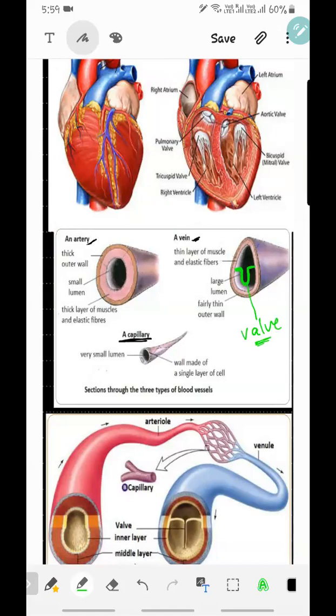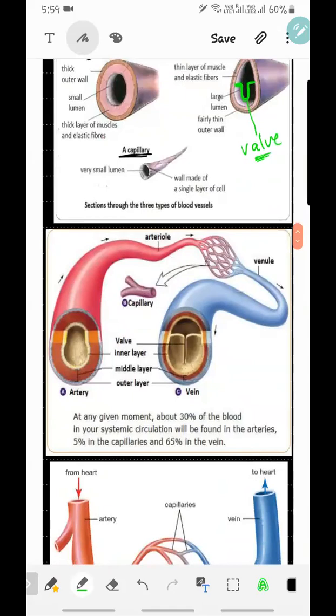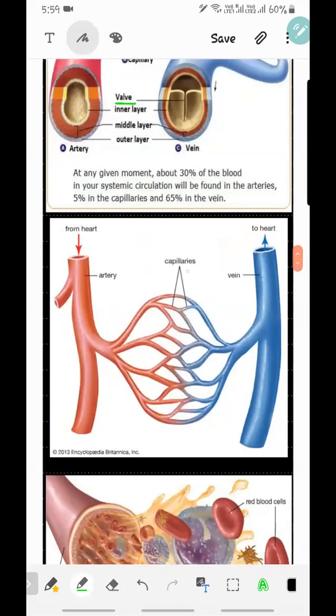Okay. So you can see the difference between artery, veins, and capillary. See, in vein, this valve is present. See here, this is the complete valve. Okay. See how capillaries are formed. All in a picture you can see.